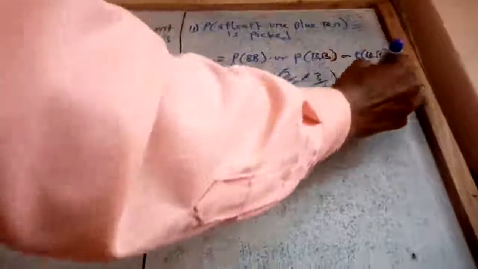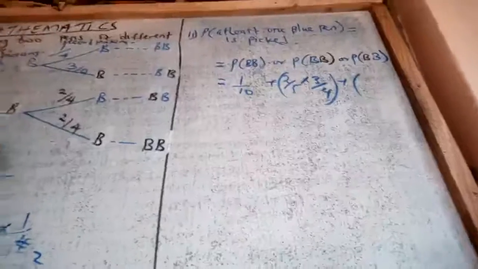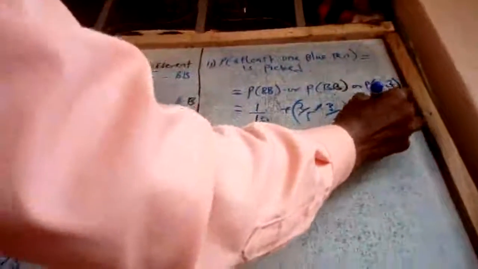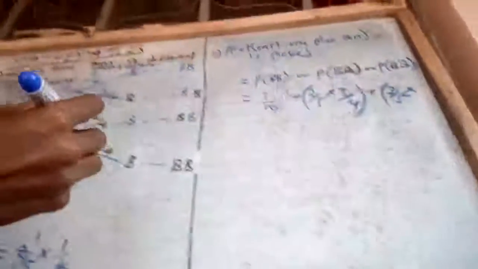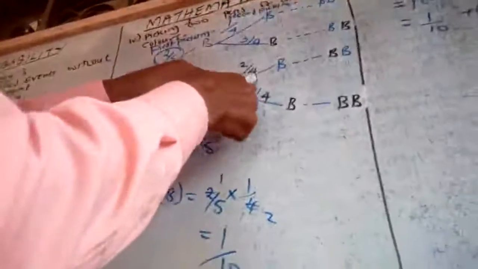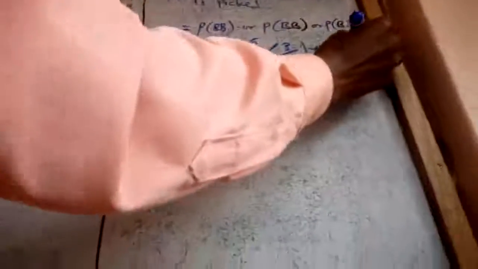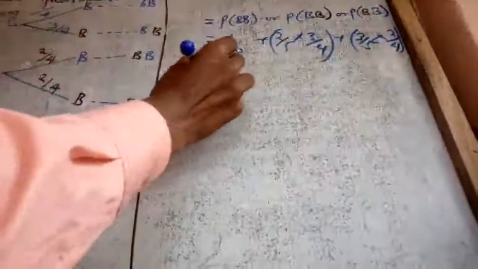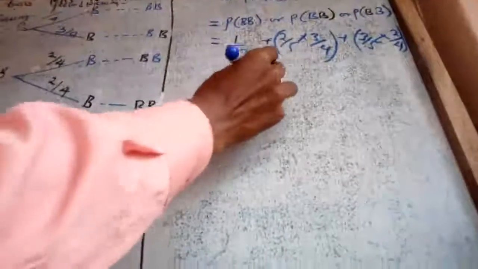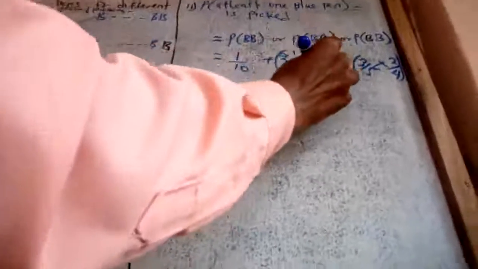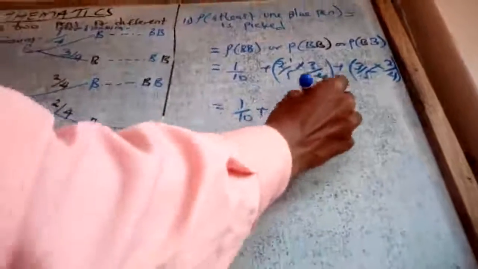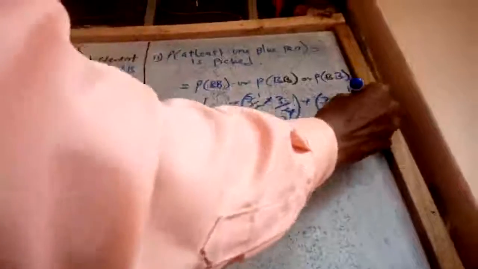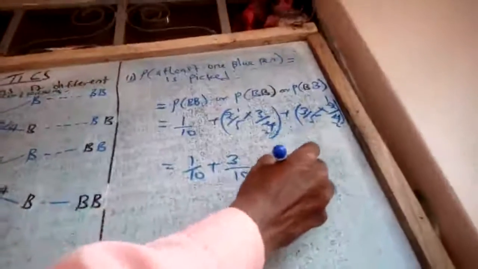Then you add the third one, 3 over 5, you reflect here, then you multiply by 2 over 4. Then you close the bracket. So you'll get 1 over 10 plus by 2, 1, by 2, 2, so you'll get 3 over 10 plus 3 over 10.